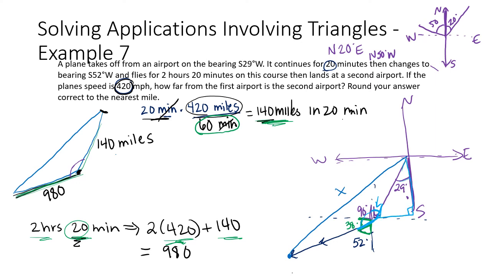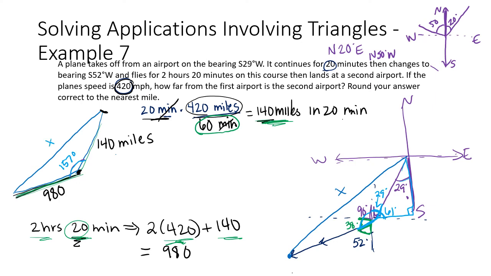That's 29. That's a right angle, so that would leave this to being 61. This whole thing here creates a right angle, so that would leave this to being 29 degrees. So this angle is going to be 38 plus 90 plus 29 degrees, which ends up giving us 157 degrees.